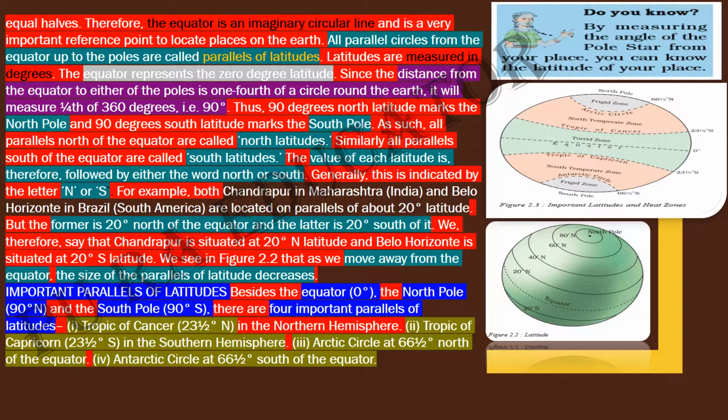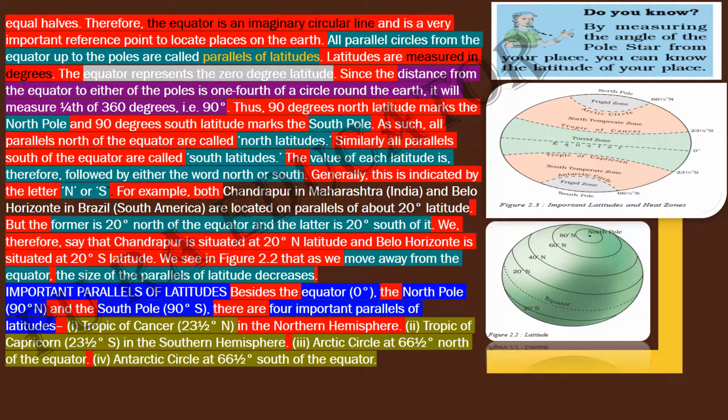As such, all the parallels drawn above the equator in the northern hemisphere are known as north latitudes, and in a similar way, from the equator to the South Pole, the latitudes drawn are known as south latitudes. Each latitude is mentioned by the letter N or S, which denotes north and south.